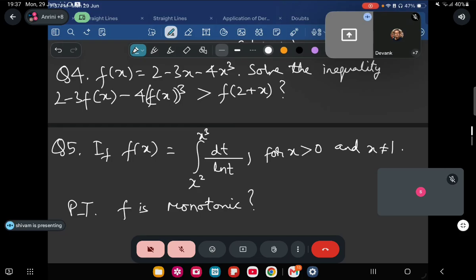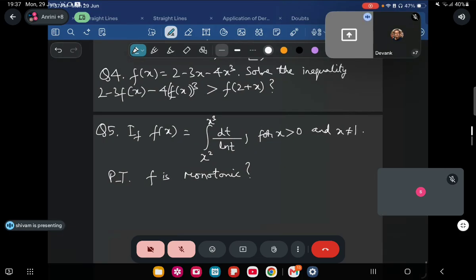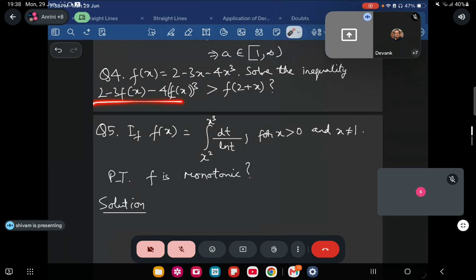So over here, what have I got? I've got f of x equal to 2 minus 3x minus 4x cubed. Can you see a resemblance between the expression given on the left hand side and the expression f of x? Is there any resemblance? Tell me, everyone.